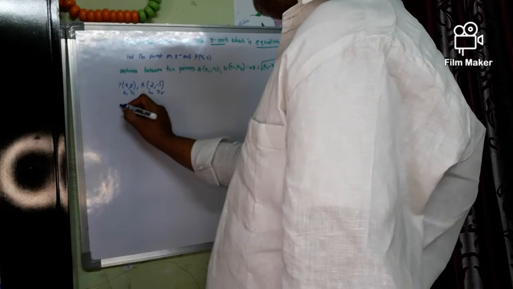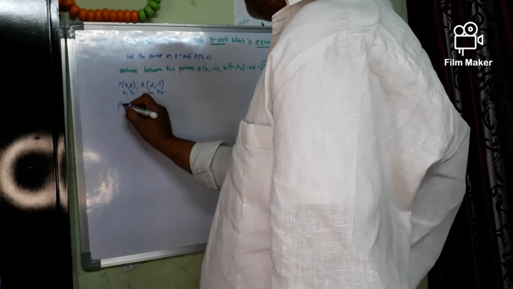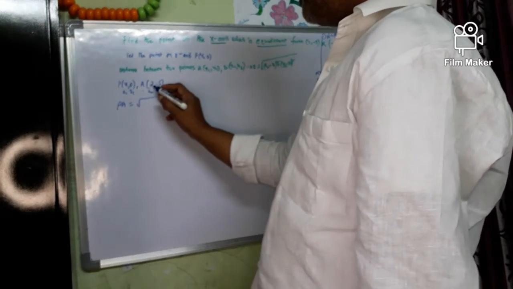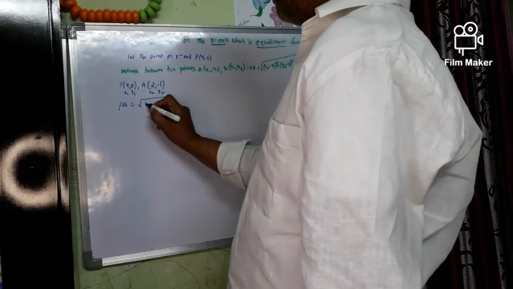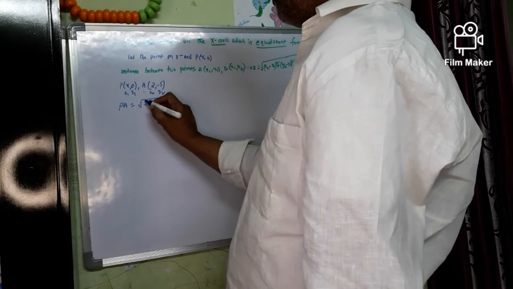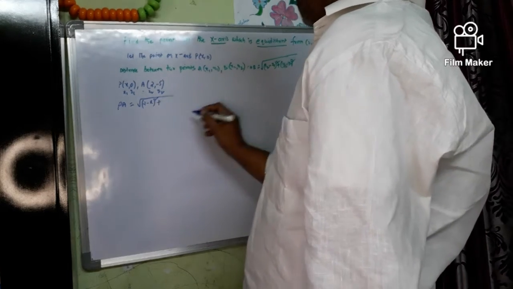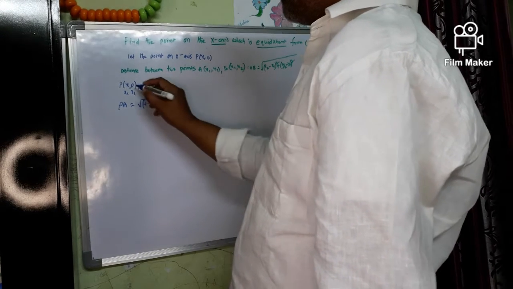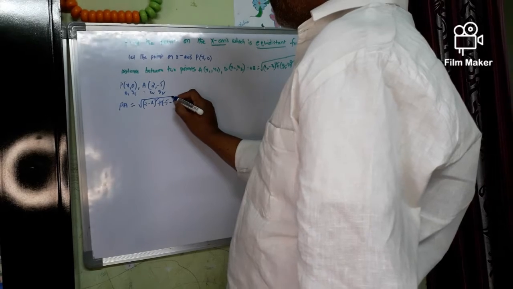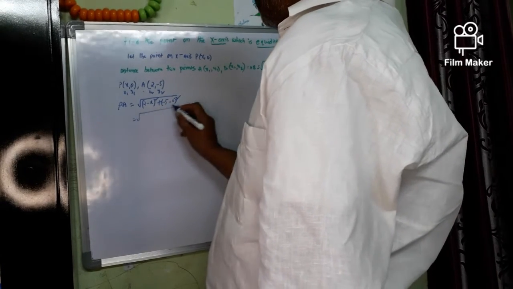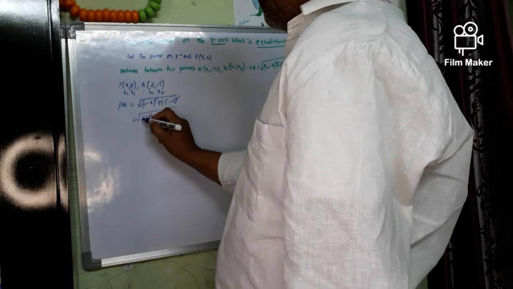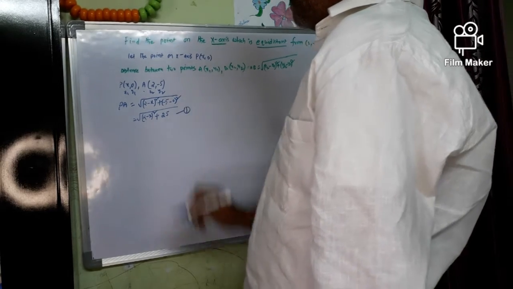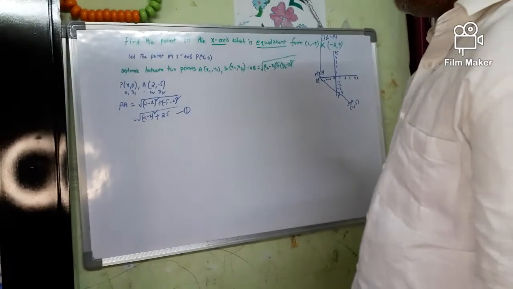So PA is equal to the square root of (x2 minus x1): x2 is 2, x1 is x, so (2 minus x) whole square plus (y2 minus y1): y2 is minus 5 minus 0, whole square. So (2 minus x) whole square plus 5 fives are 25. This is equation number 1.